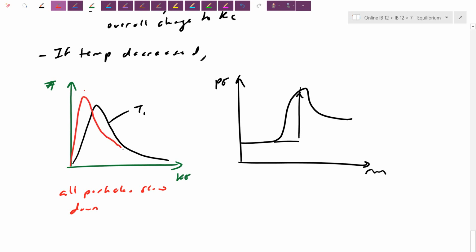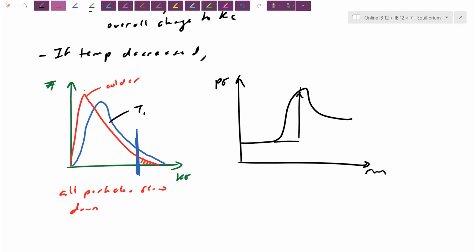Activation barrier was supposed to be the number of particles that had enough energy, the number of particles that have higher than this limit. And basically the colder graph here, so red is the colder temperature, we have even less particles with enough energy.